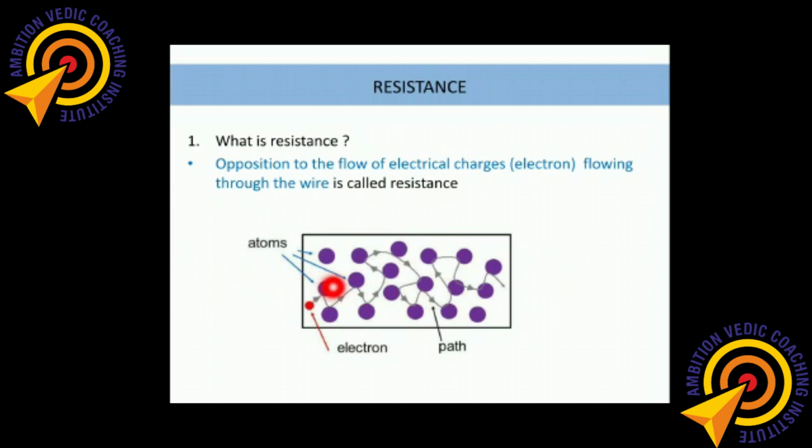From the negative terminal of a cell the electrons come and have to reach the positive terminal, and we know that the direction of current is always opposite to the direction of flow of electrons. So if the electron is moving towards the right hand side, the direction of current we always take in the left hand side, right?